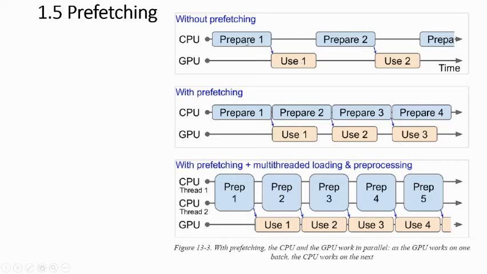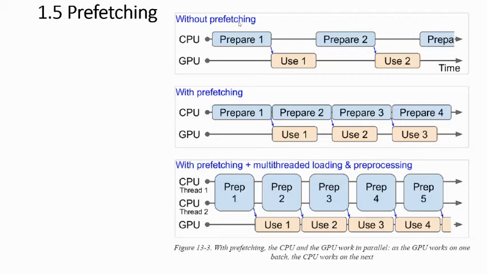We prepare the data set and then train it. After training, again we prepare the data set and then train. So this goes on. Without prefetching, the work is done in a sequential way, so it takes time to complete the training.